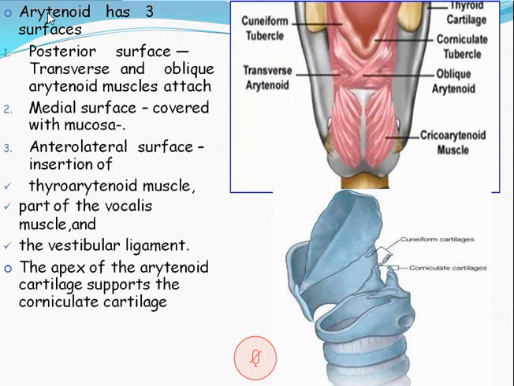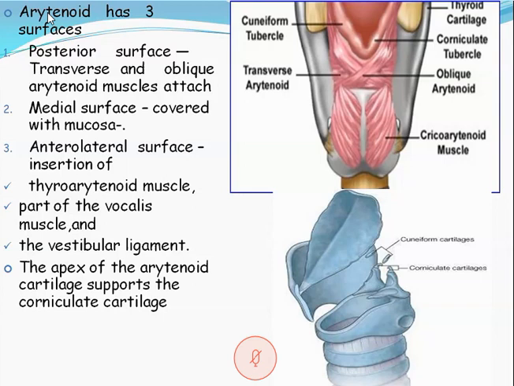The posterior surface, which is transverse and oblique, is where the arytenoid muscles are attached. The medial surface is covered with mucosa. The anterolateral surface is the insertion of the thyroarytenoid muscle, part of the vocalis muscle, and the vestibular ligament.